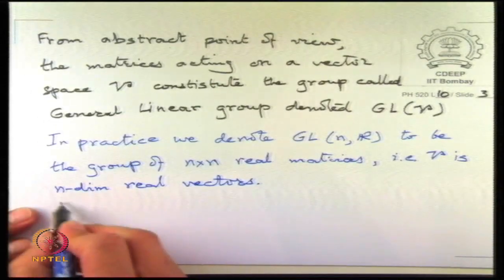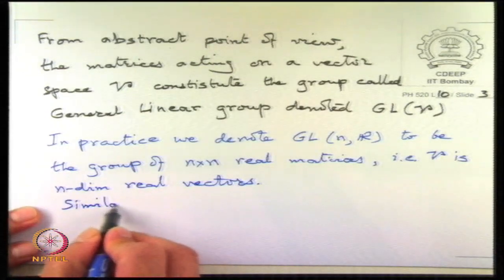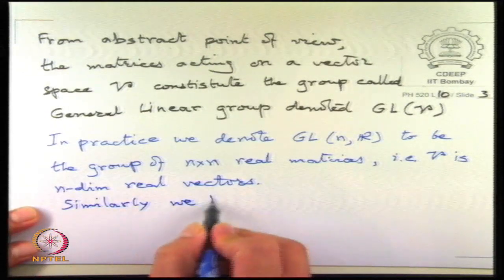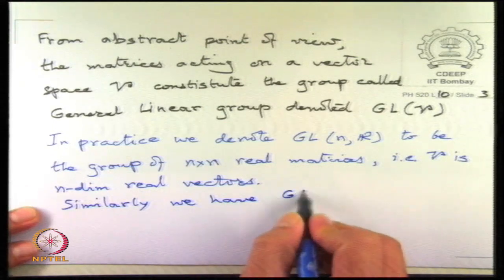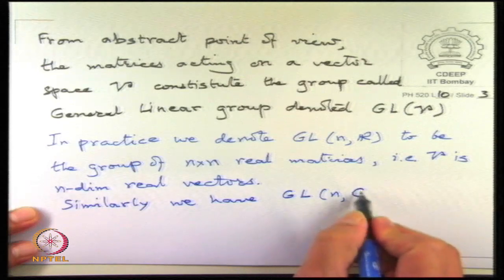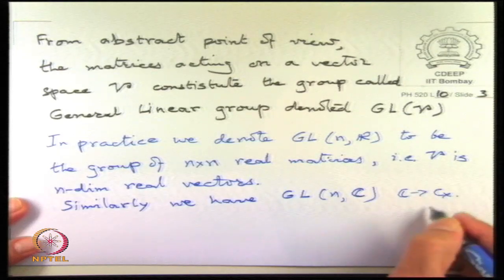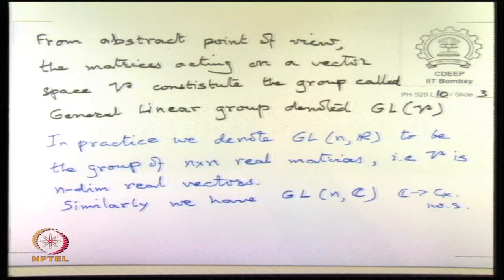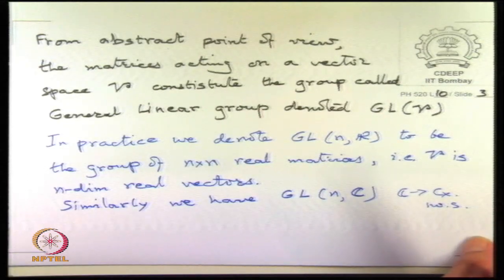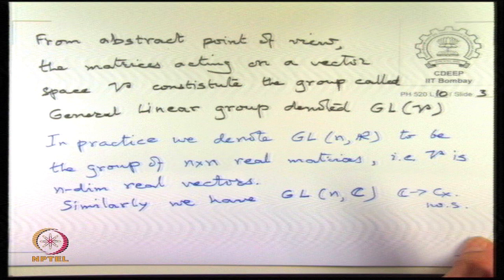And similarly, we have GL(n,C). Here all the n by n matrix entries can be complex, and the vector space is likewise complex. It has complex components. So this will be one of our notations that will be required when we are dealing with representations. But GL(n,R) has no restriction. You can have things that will have zero determinants.